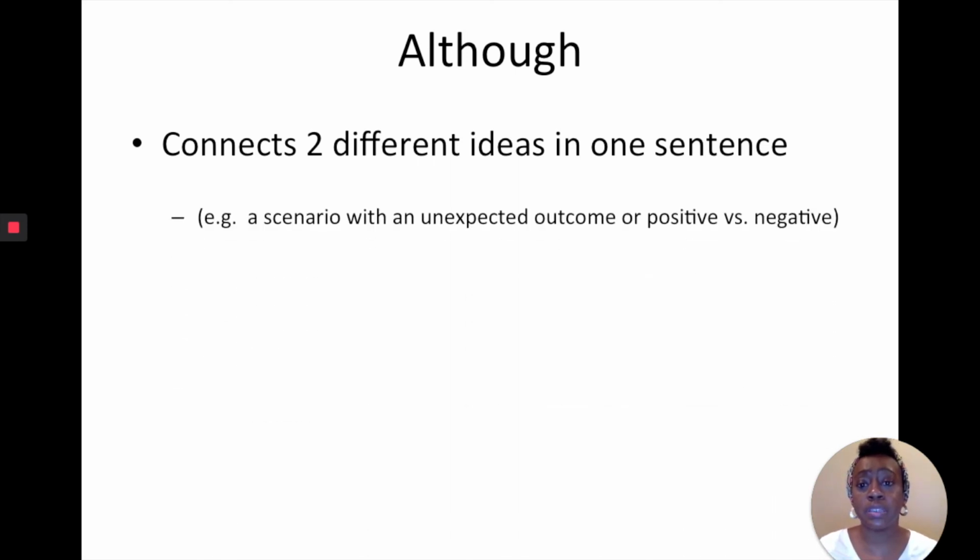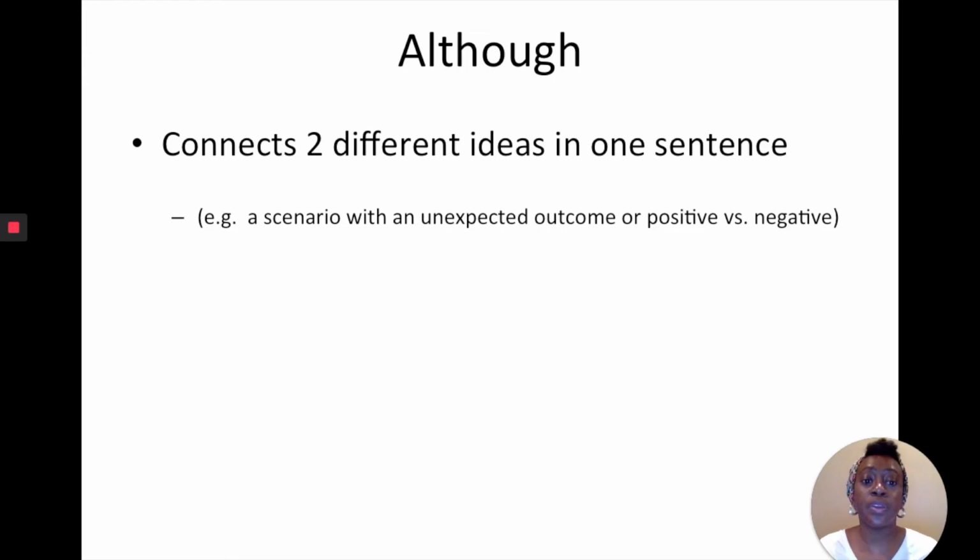So for instance, if you have a scenario and you want to talk about an unexpected outcome, a surprise, a shock, okay, you would use although. You would use it to describe positive versus negative ideas in the same sentence. For the sentence practice that we're going to do in a few seconds, we're going to focus on the unexpected outcome.